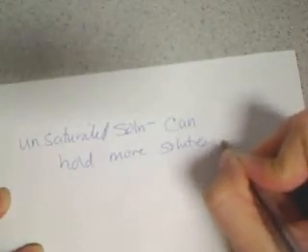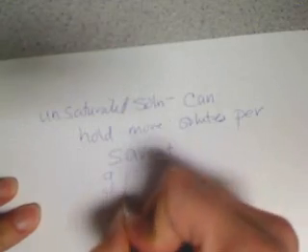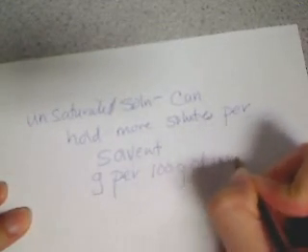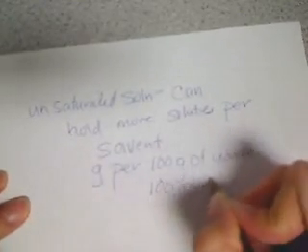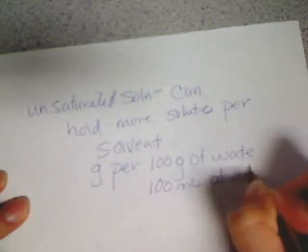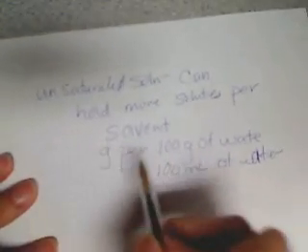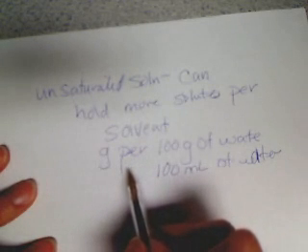So basically more molecules of solute per solvent. And a lot of times you're going to see this as grams per 100 grams of water, which we also know 100 grams of water is basically like saying 100 milliliters of water. Okay? So an unsaturated solution is like when you make Kool-Aid and you're like, this needs more sugar.